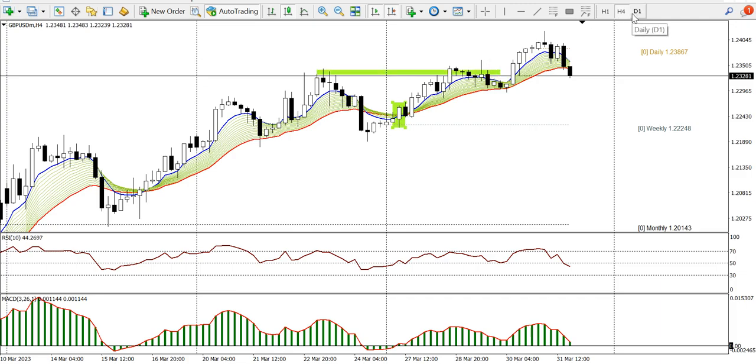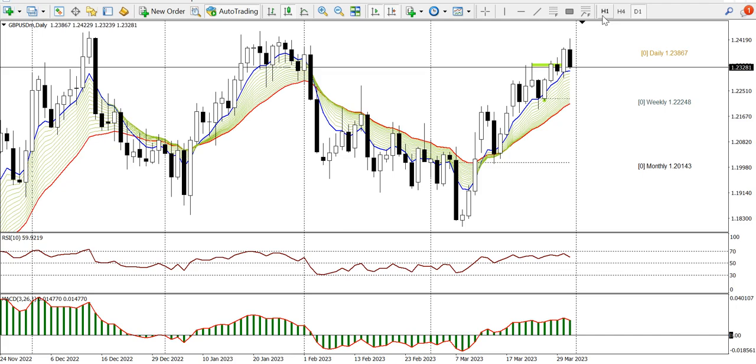If we go to the daily chart, in the daily chart we have a level here, we have a level here. This is a general level. Price has rejected this level, this area. If price starts to move higher, price may go there. In the daily chart, we have this level, price rejected twice in this area.